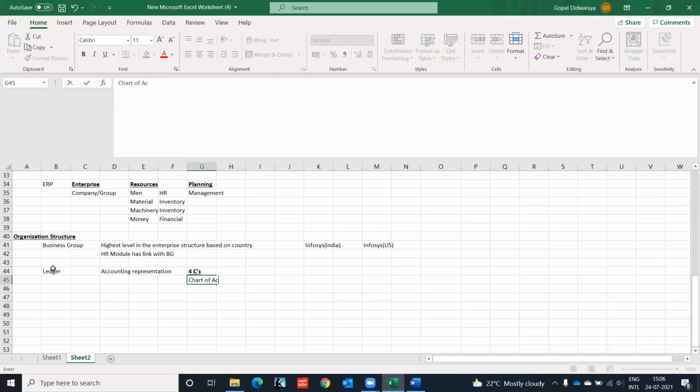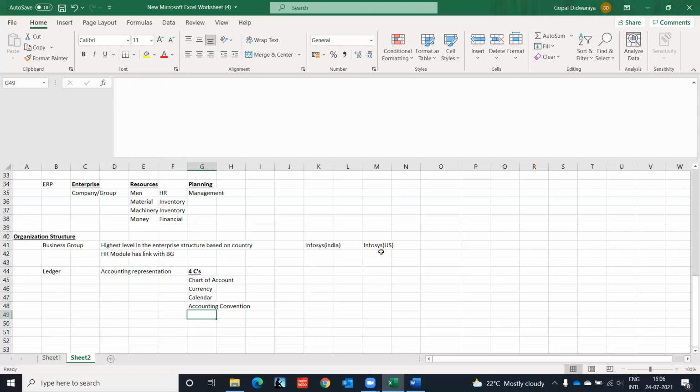Chart of accounts, currency, calendar, and accounting convention. The chart of accounts is your accounting structure. Currency and calendar we understand by name itself. And the accounting convention is your method of accounting. So these four C's are considered while deciding the ledger.